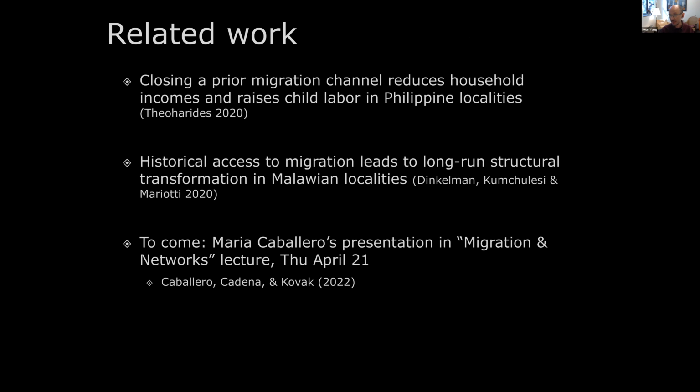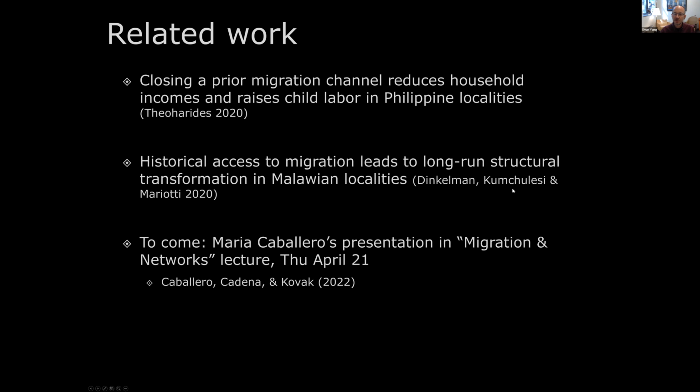This was a channel of workers in the entertainment industry going to Japan. When that migration channel was closed down, we saw reduced household income and higher child labor in the Philippine localities that were previously participating actively in that migration channel.